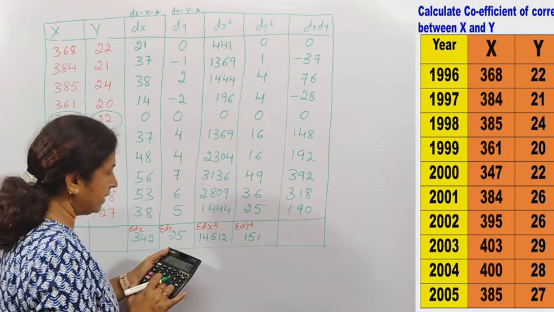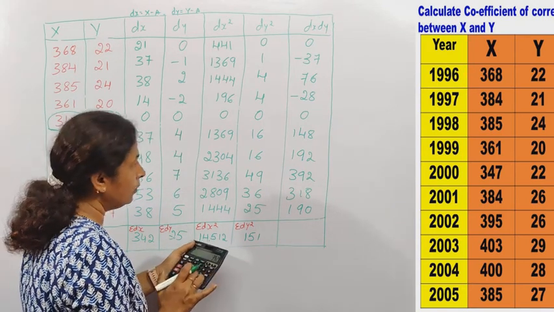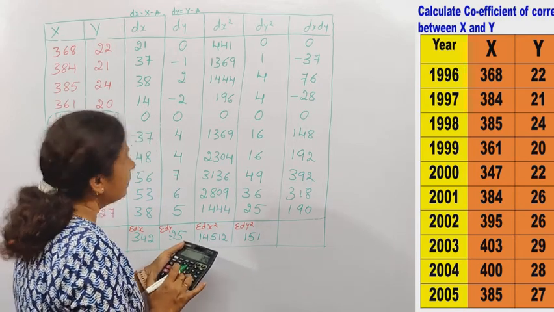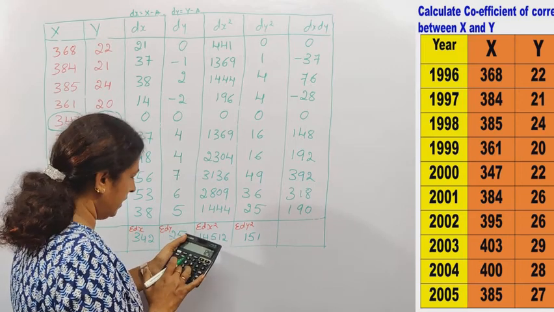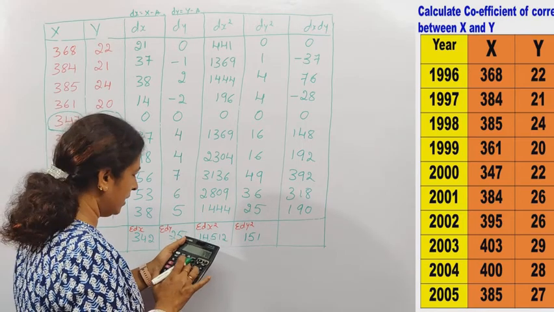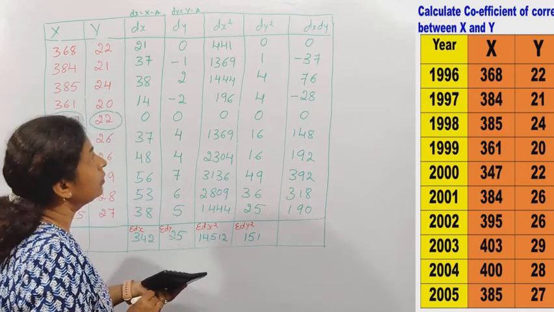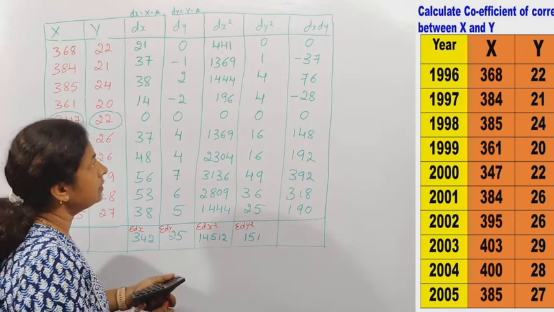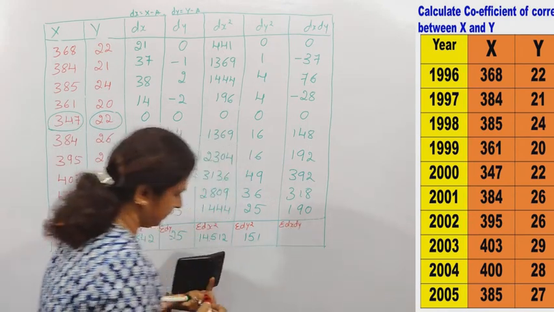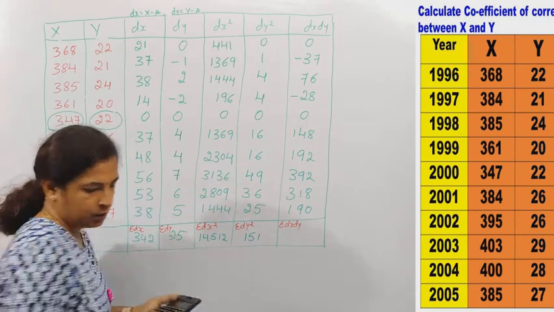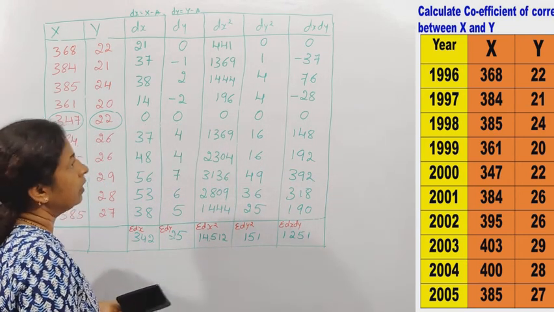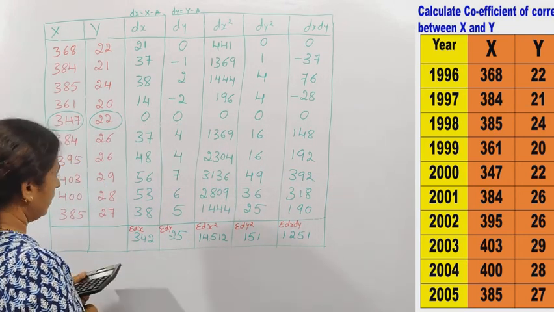Adding 190 plus 318 plus 392 plus 192 plus 148 minus 28 plus 76 minus 37, the sum of dx dy is equal to 1251. Now we got all the values.